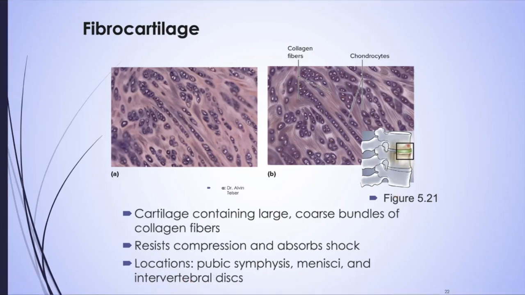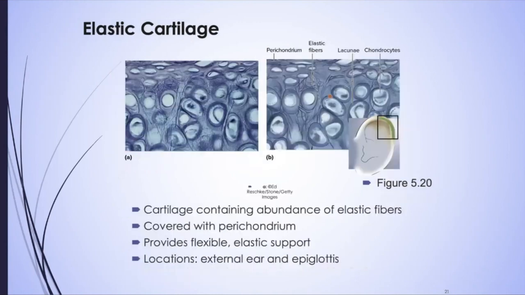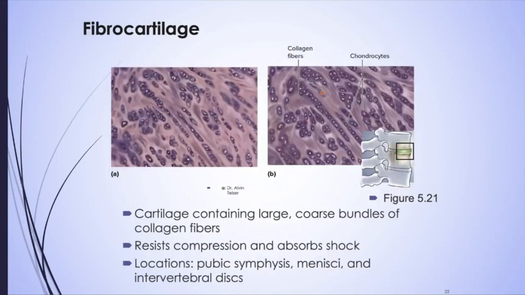So they're showing you an example of your intervertebral discs right here. Okay, you can see your collagen fibers, and the chondrocytes. But the difference, compared to the elastic fibers we saw before, is that the collagen fibers are a lot thicker and more densely put together.